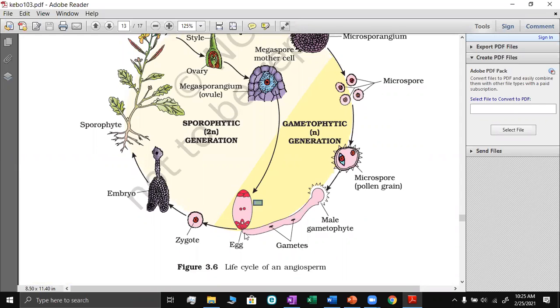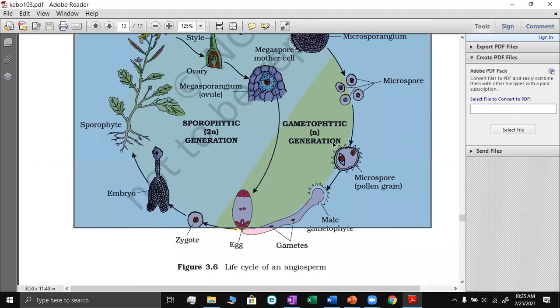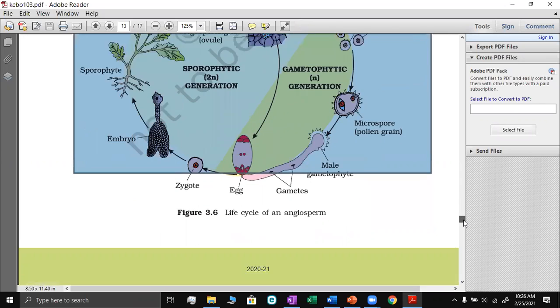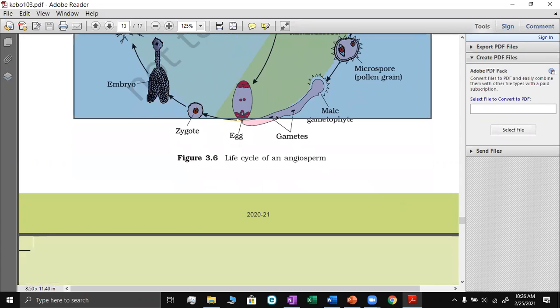Within the embryo sac there develops the egg. After pollination, the microspore germinates, and the microspore nucleus divides and gives rise to the male gametes.